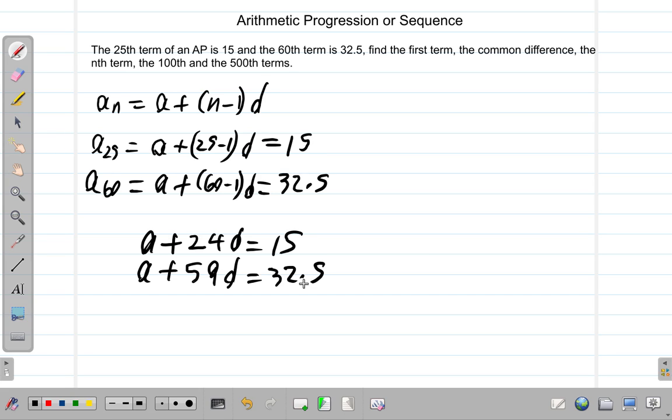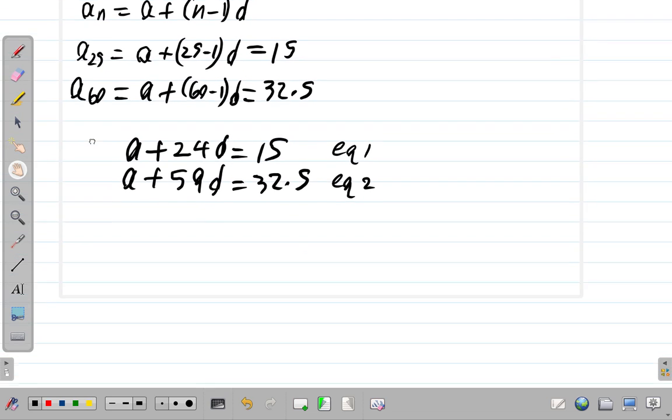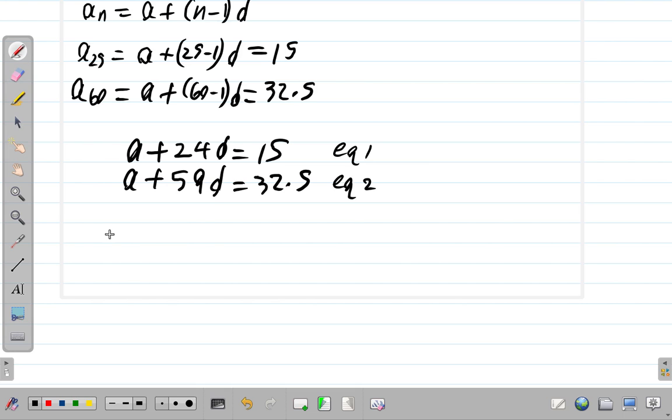But let's use elimination. Let's call this equation 1, equation 2. Equation 2 has the larger numbers, and equation 1 the smaller numbers. So I'm going to rewrite them under here.